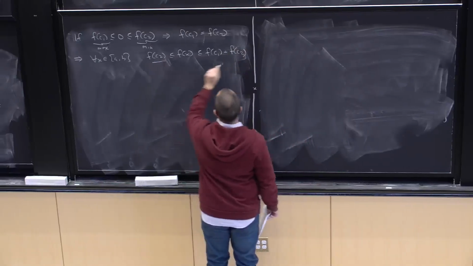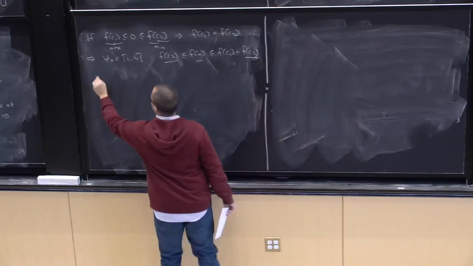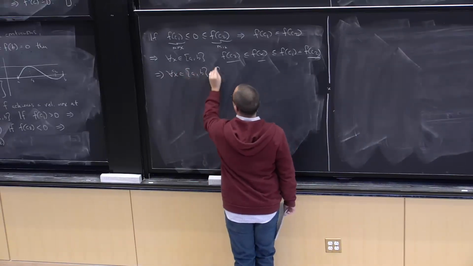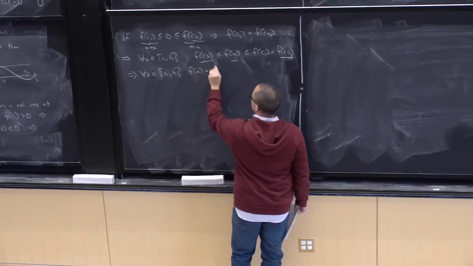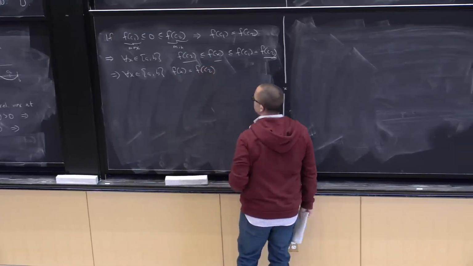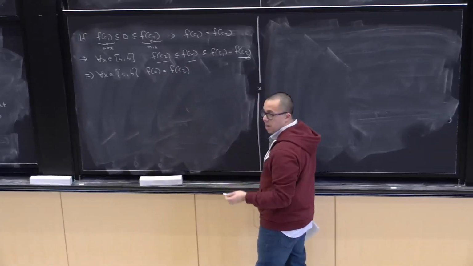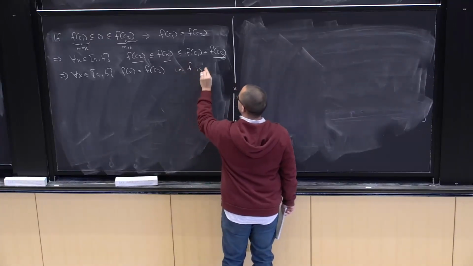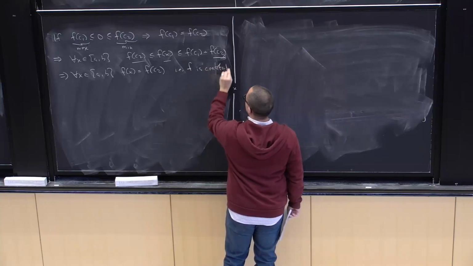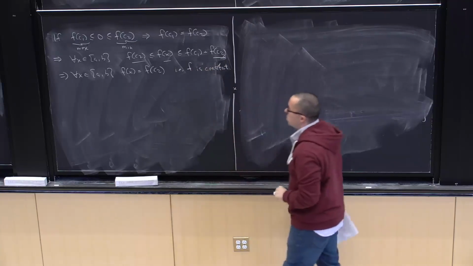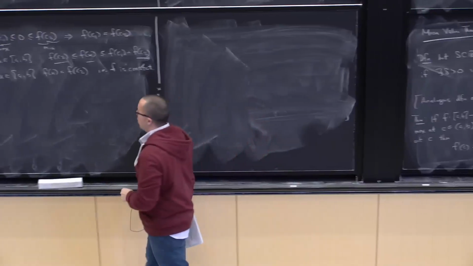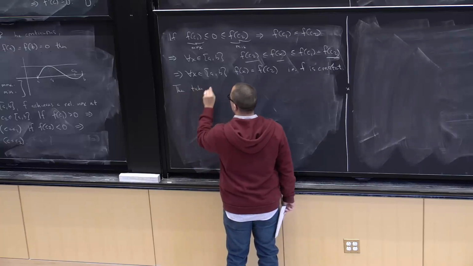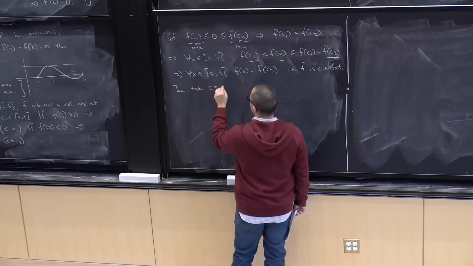For all x in AB, f of x equals f of c2. So that means f is constant, right? And we know what the derivative of a constant function is. It's just 0. So we could take, say, the midpoint.